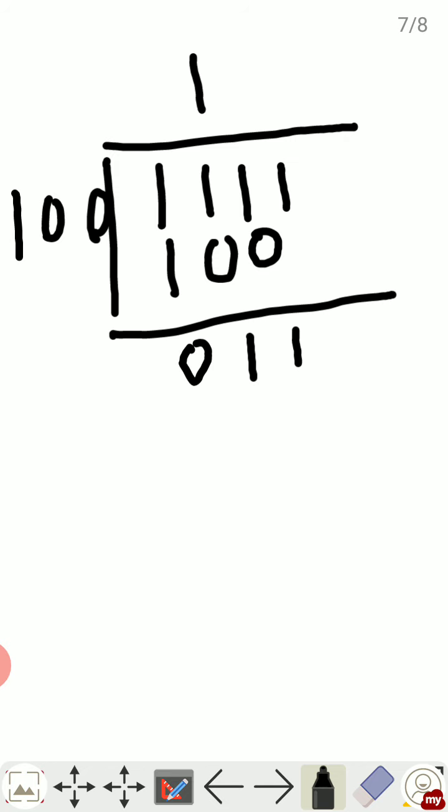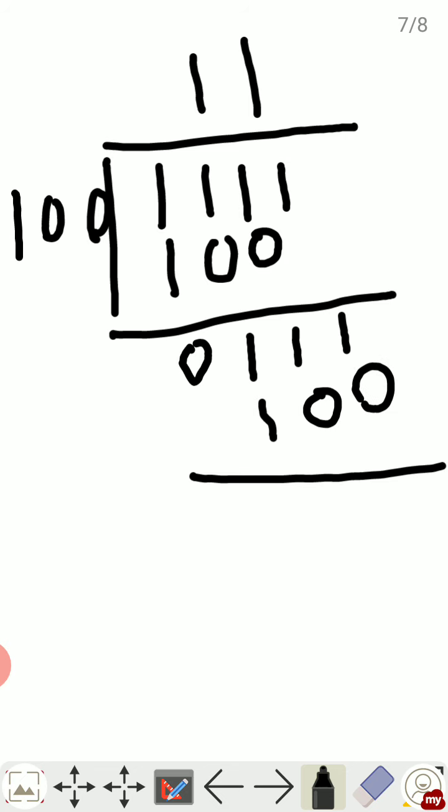And now this 1 will come down. Again this will go 1 time. So this is 100. Let's subtract. 1 minus 0 is 1. 1 minus 0 is 1. 1 minus 0, 1 minus 1 is 0. So now here we got a remainder which is less than the divisor. So we will stop over here. Your answer will be 11.